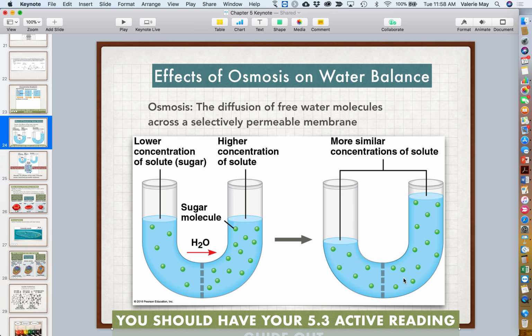So the water levels are now no longer even, but the concentration of solute on both sides of the membrane is even. So the most basic thing to remember is that water will always move from a lower concentration of solute to an area of higher concentration of solute. All the rest of this is explaining why that phenomenon occurs.